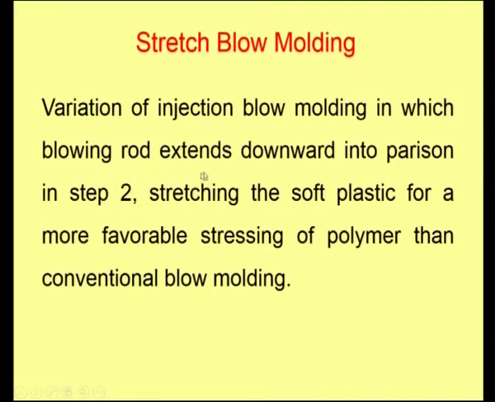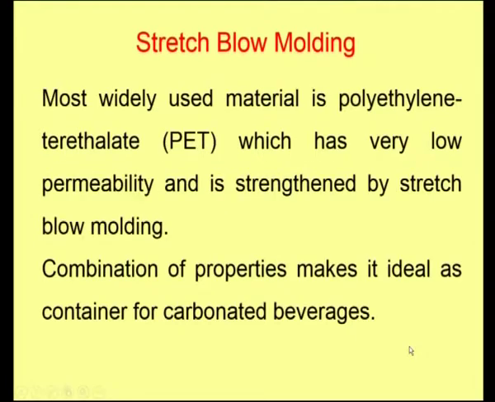When you stretch the soft plastic, you are stretching it for a more favorable stressing of the polymer than conventional blow molding. When it is in a hot condition and you stretch it, you improve the morphological properties of the polymer. That means the permeability property of the material could be altered. That is why we go for stretch blow molding.